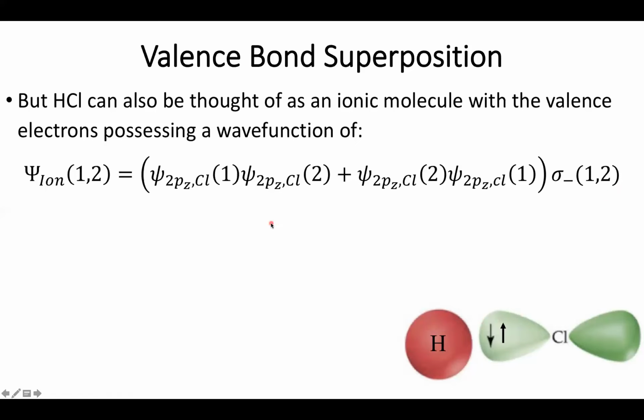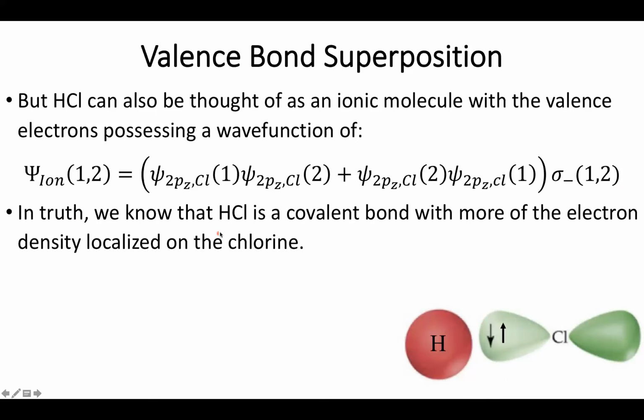So I now have a wave function for the covalent bond, and I have a wave function for the ionic bond. Now what I can do is when I'm looking at HCl, I can say, wait a minute, HCl is a covalent bond with a little bit more of the electron density localized in the chlorine. So I have a covalent bond with a little bit of ionic character.